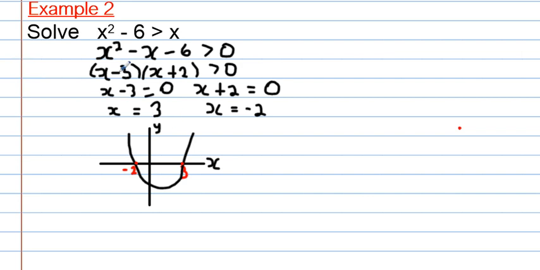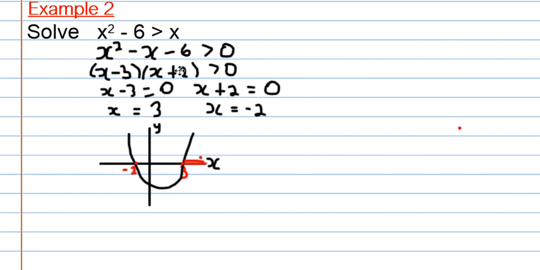Let's try 4. 4 take away 3 is 1, then 4 plus 2 is 6. 1 times 6 is 6. So it means this region here. And then if I test anything less than minus 2, let's say minus 4, minus 4 minus 3 will give me minus 7, then minus 4 plus 2 gives me minus 2.